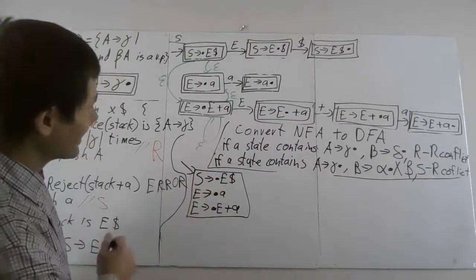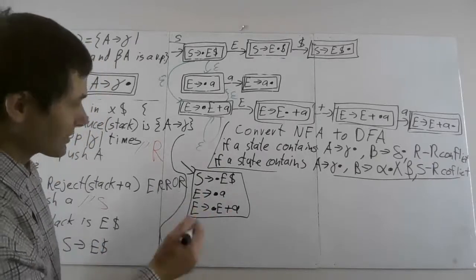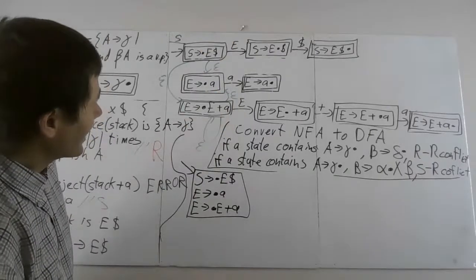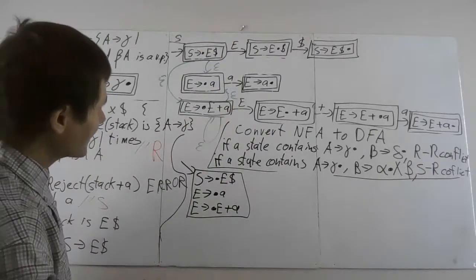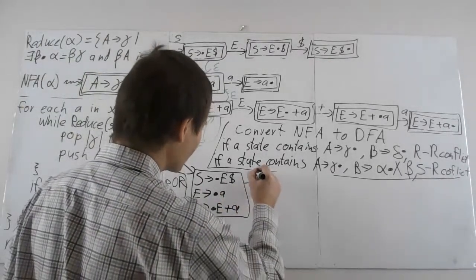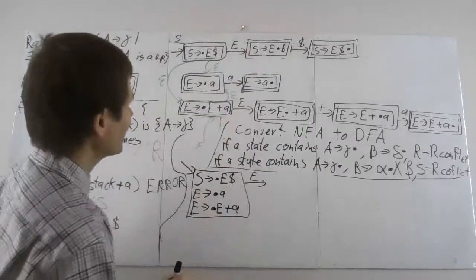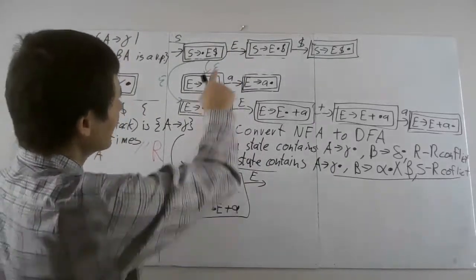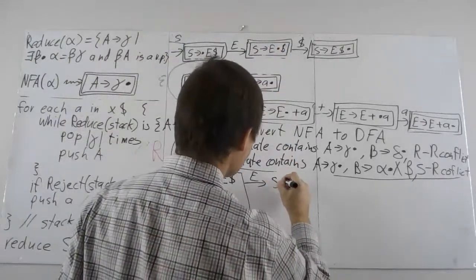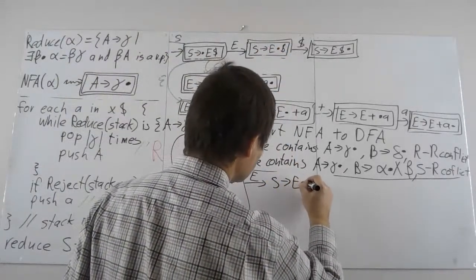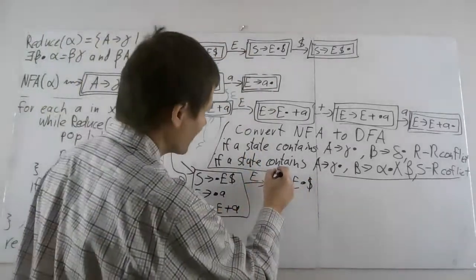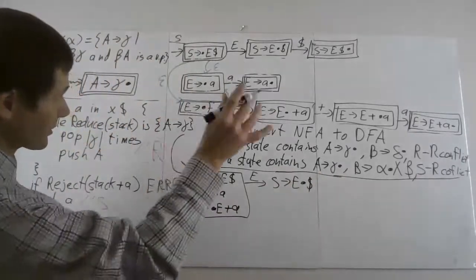Okay, and now, how did we do this? Thinking back to scanning, how do we build a DFA out of the NFA? If I'm in this state and I see a capital E right here, where am I going to go? I'm going to go to the state S goes to E dot $. I would have to do an epsilon closure, but there are no epsilon transitions there, so I'm good.